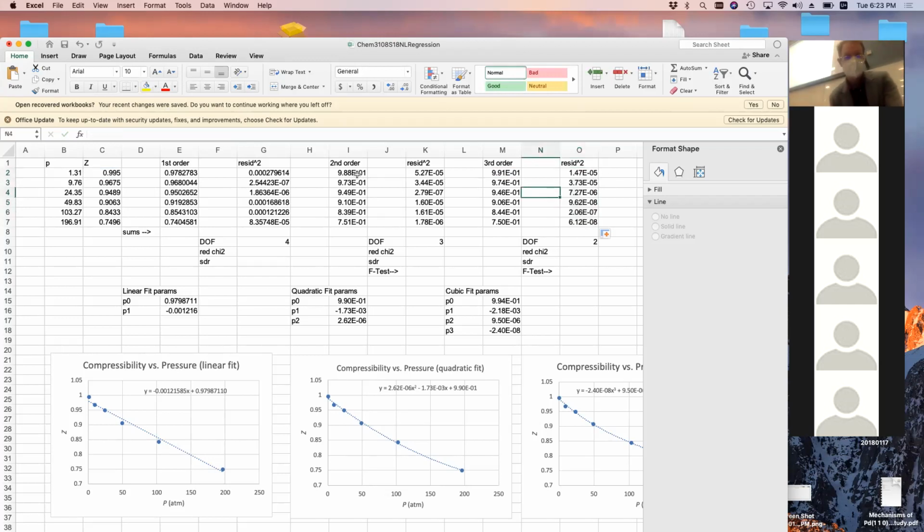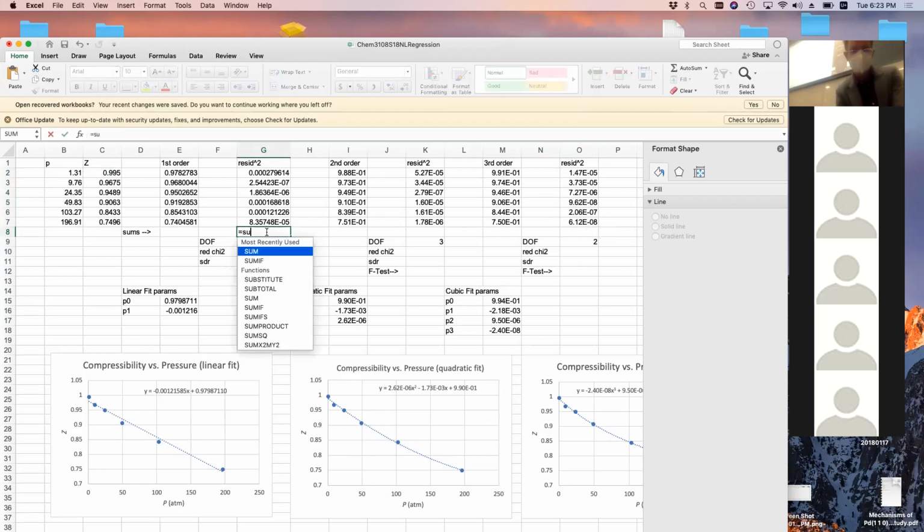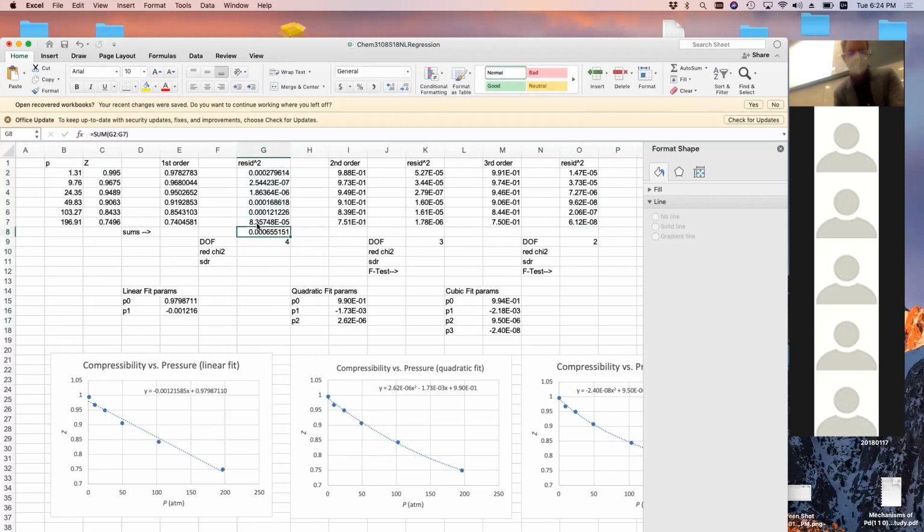Okay, so in the formula, when you calculate the standard deviation for the regression, you want to take the sum of the square of the residuals. So we're going to sum up all the numbers in this column. And then you divide that number by the degrees of freedom, which for the linear model is 6 minus the number of parameters, which is 2.